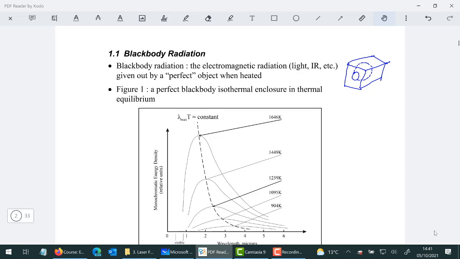Then the perfect black body would be this isothermal enclosure, and the whole thing would be in thermal equilibrium. So that would be like a perfect black body. A perfect black body gives out all wavelengths and absorbs all wavelengths to some degree or other.